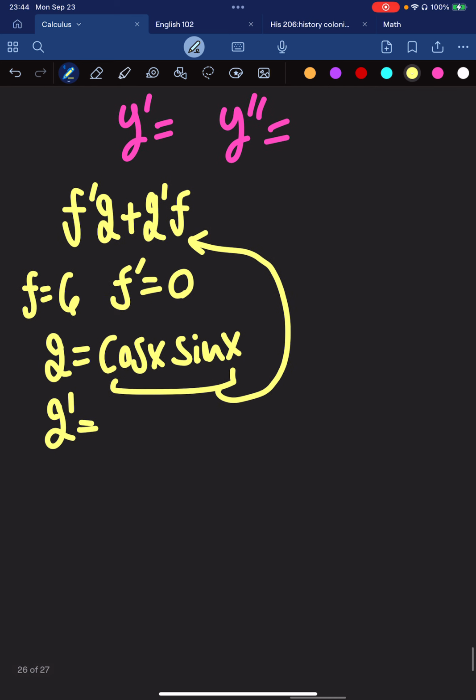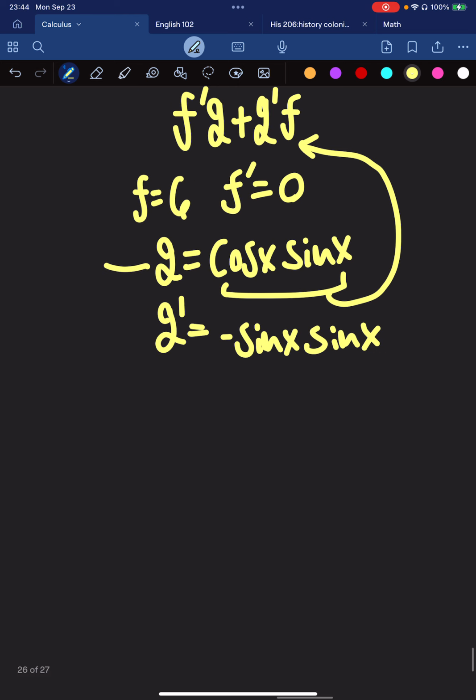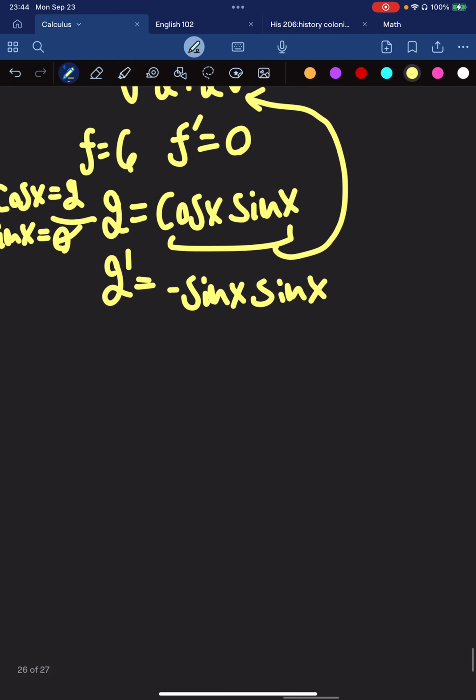So the derivative of cosine x is negative sine x. That will be multiplied by sine x. And the reason why this is within this, we can look at cosine x as equal to g, and we can look at sine x as equal to, let's say, theta. We're just using it as a variable.